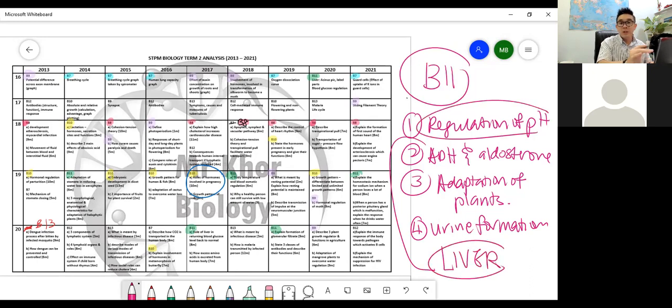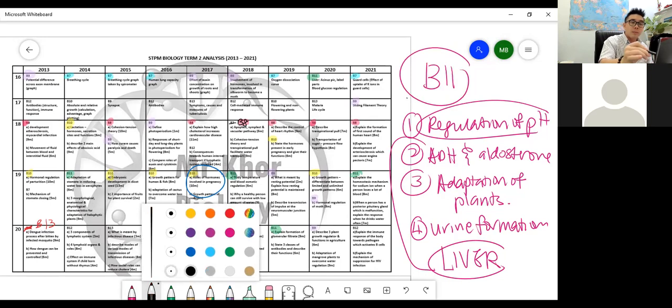Liver and pH are new in STPM, meaning you don't find this at all in SPM last time. Then pH is quite complex. I took about 45 minutes to really get my students to know it.